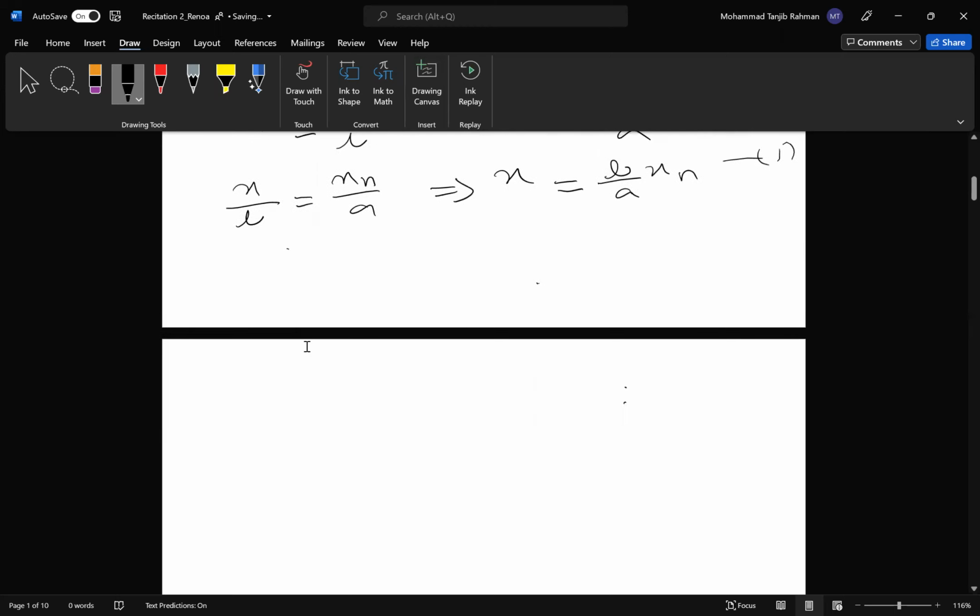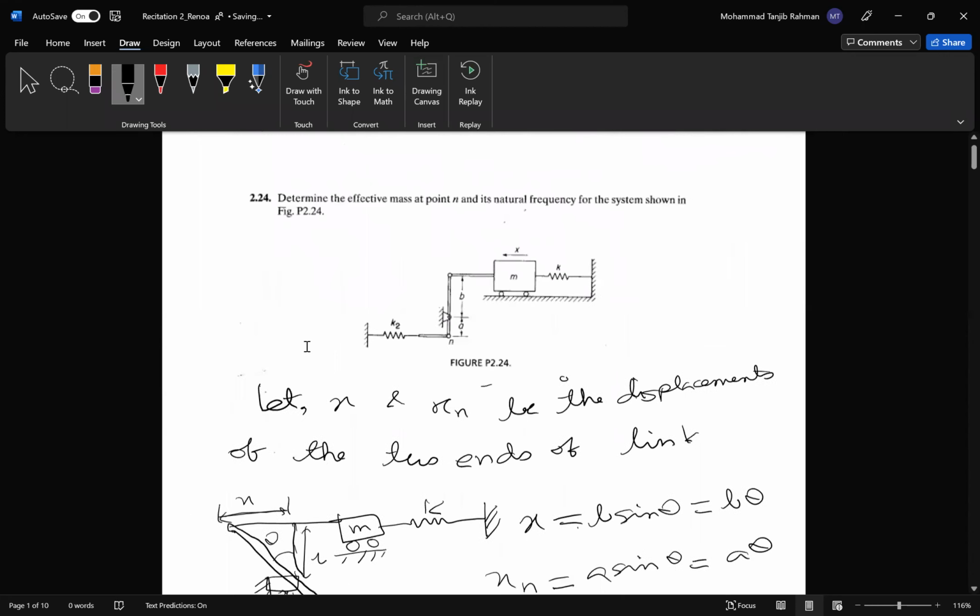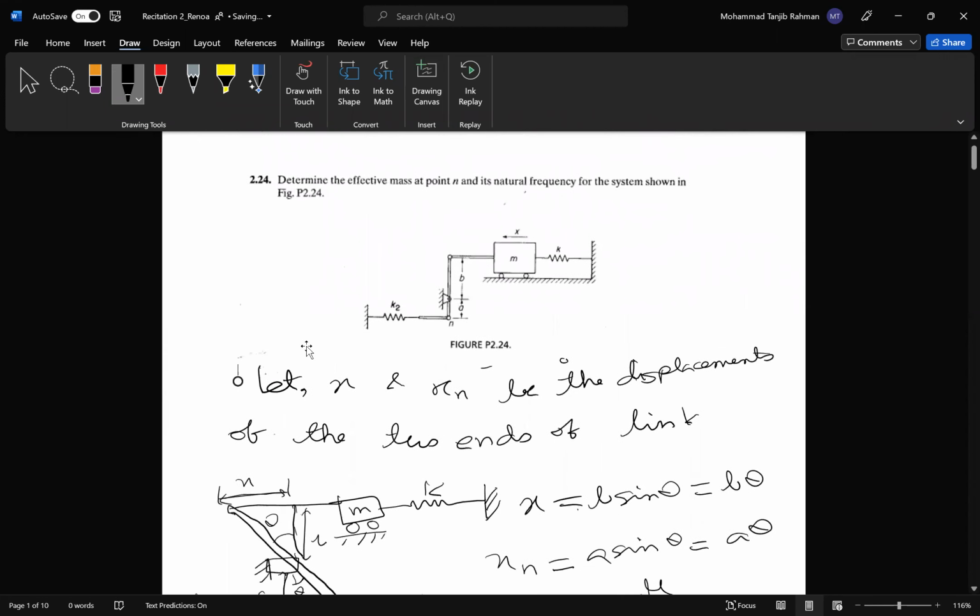Now, as you can see in this system, there are going to be two types of motion. One is the translation of the mass M, and another is going to be the rotation of this link.